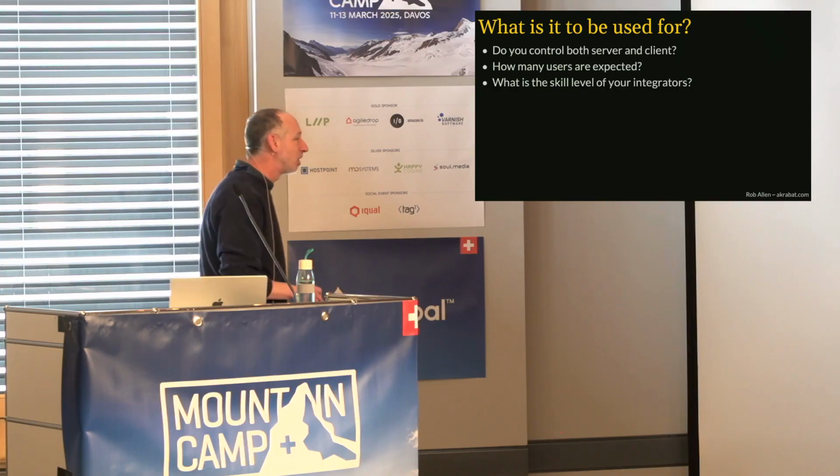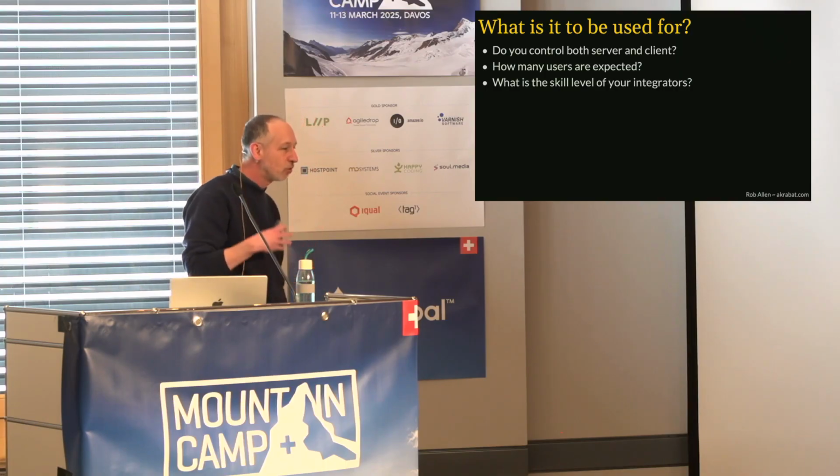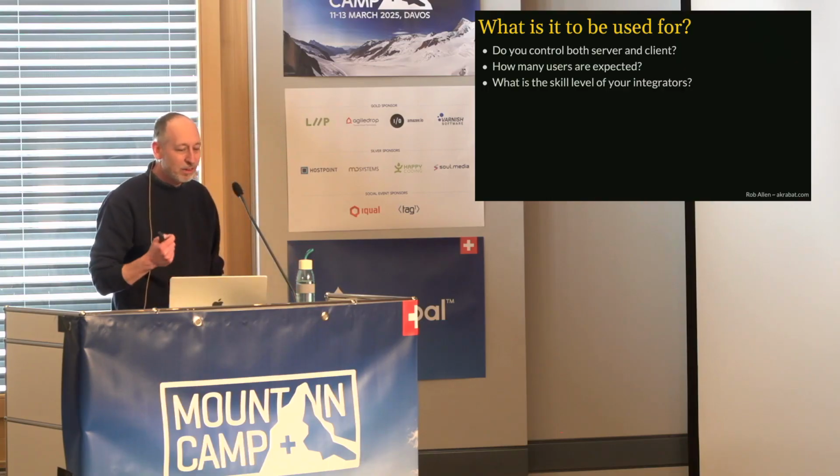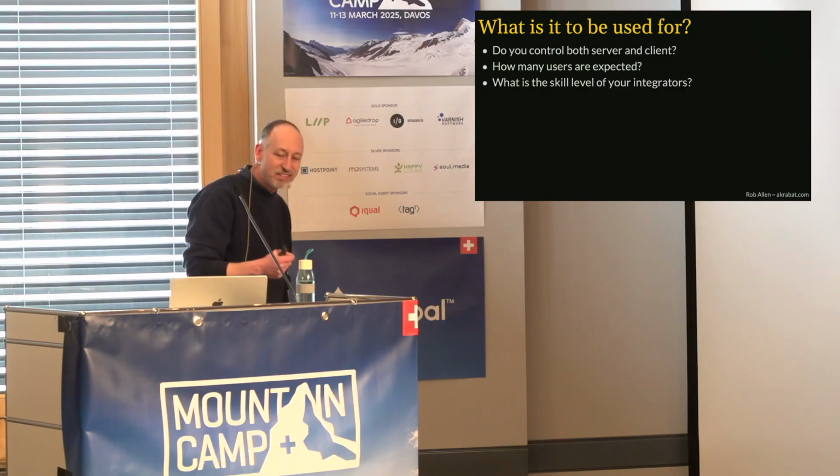If you're in that situation, something like gRPC or tRPC becomes viable, much more viable than if you don't. It's much harder to use gRPC with lots of third-party clients, for various reasons, mostly around complexity. And that comes down to the skill sets of your expected user base and how many you expect of them.